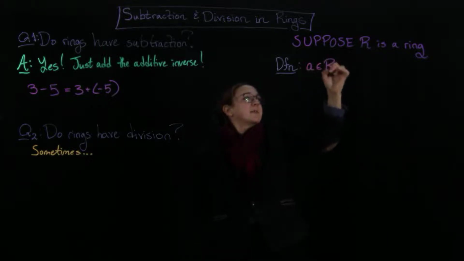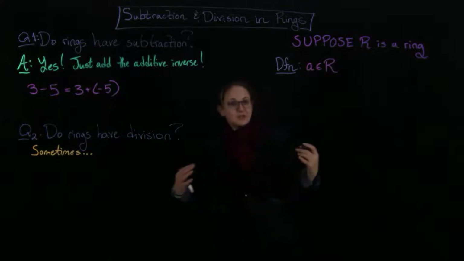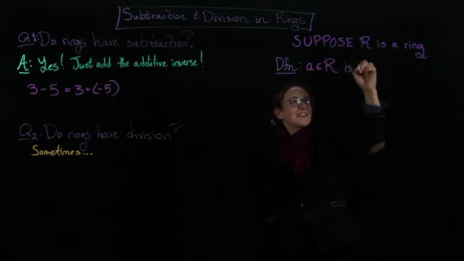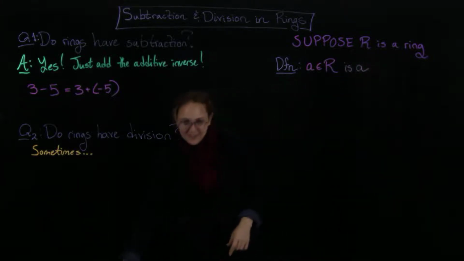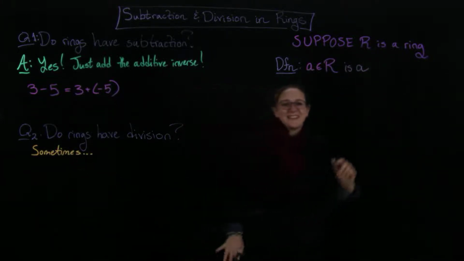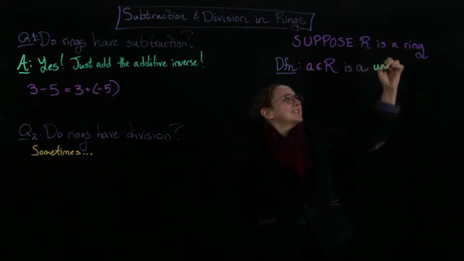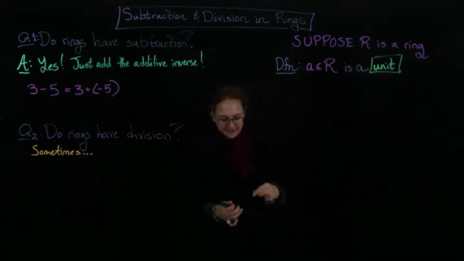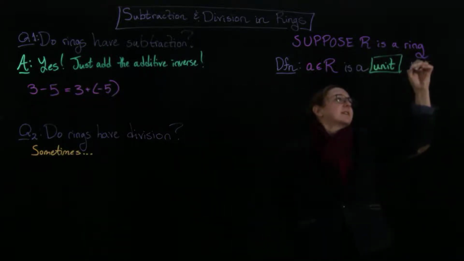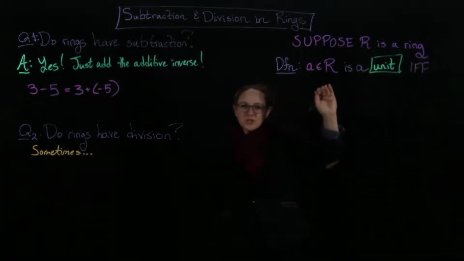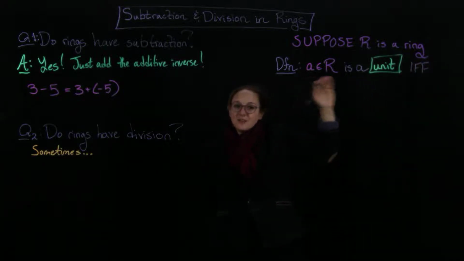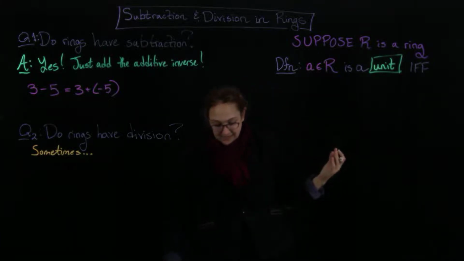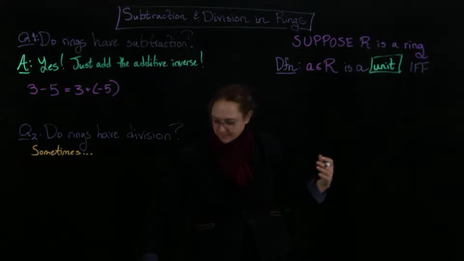An element a in R is going to be called a unit. I'm going to do this in green because that's when it becomes yes. A unit is an element of a ring, not just any one, but the elements of a ring that satisfy certain properties are called units.